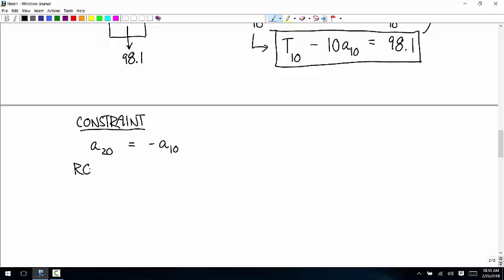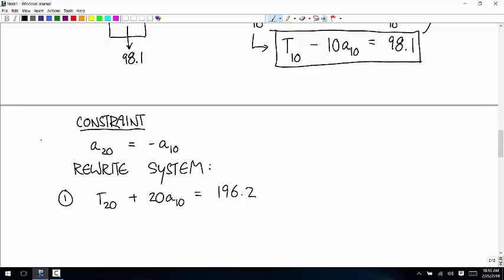And now we'll rewrite this system. The first equation says T20 plus 20 A10 is equal to 196.2, and the second equation says T10 minus 10 A10 is equal to 98.1.